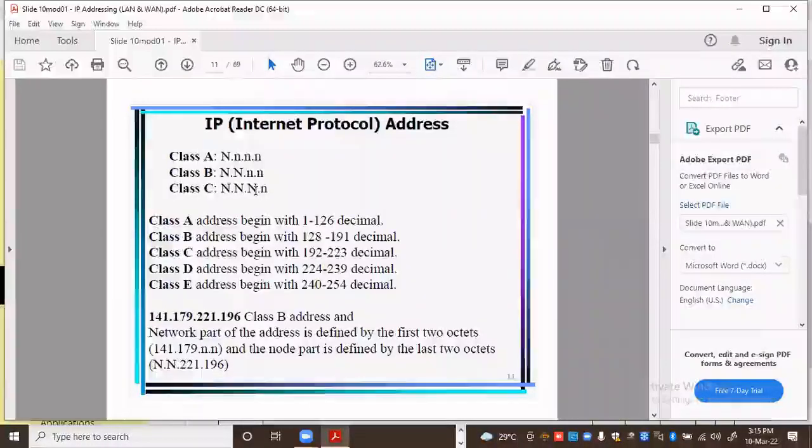That's why class C carries the minimum range of IP addresses. So for the most part, when you're setting up small networks at home, you will notice that a chunk of your IP addresses will be within a class C range, simply because it has the minimum allocation.